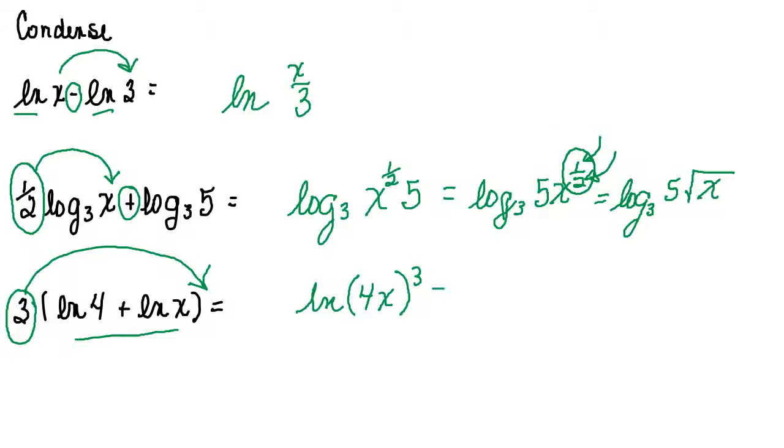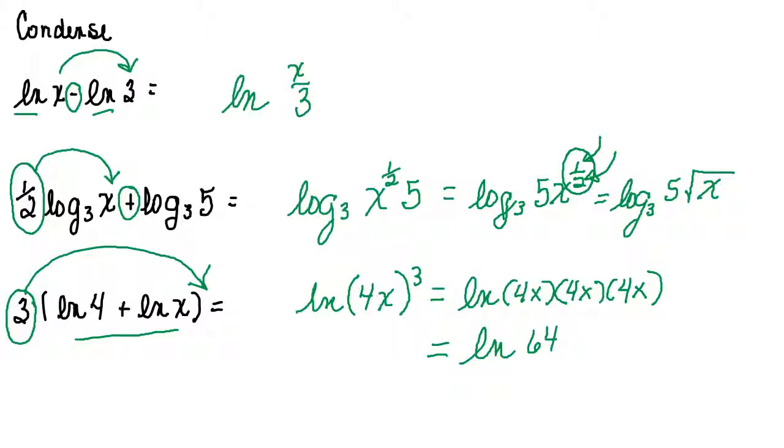When you have real numbers, you're going to have to do real math. Remember that the 3 on the outside here is saying power up the parentheses. And that equals ln of 4 times 4 times 4, number to number, 64. x times x times x, x to the 3rd.